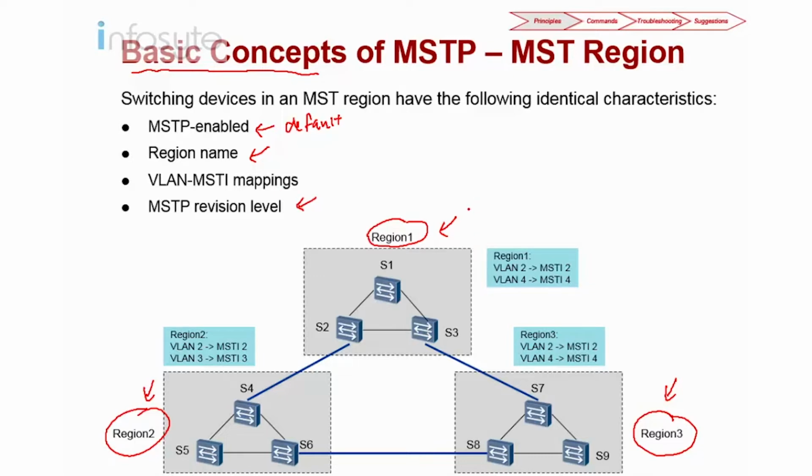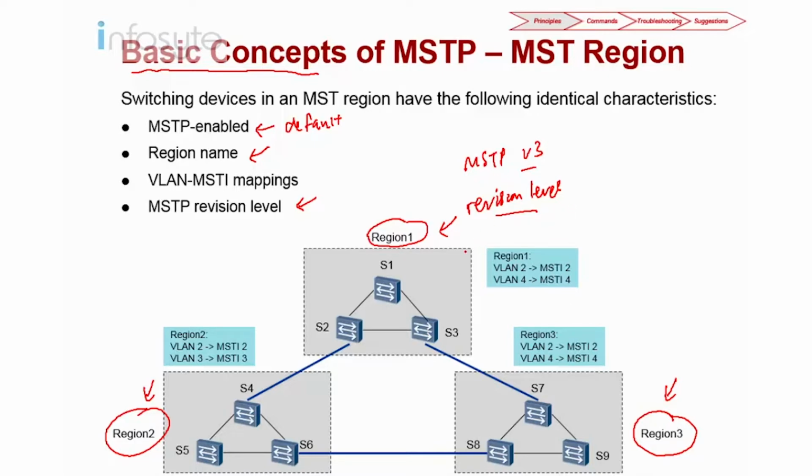The revision level is not a version number. The version number of MSTP is version 3, but the revision number is part of the configuration that needs to match for the switches to be in the same region.